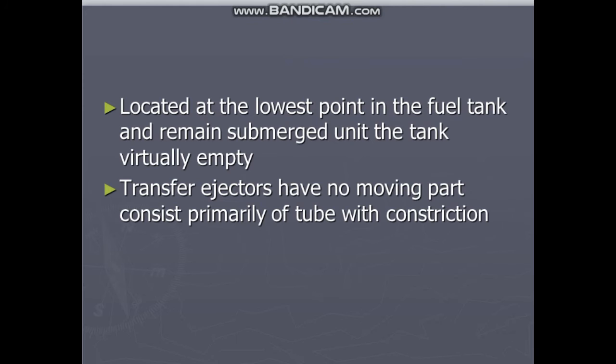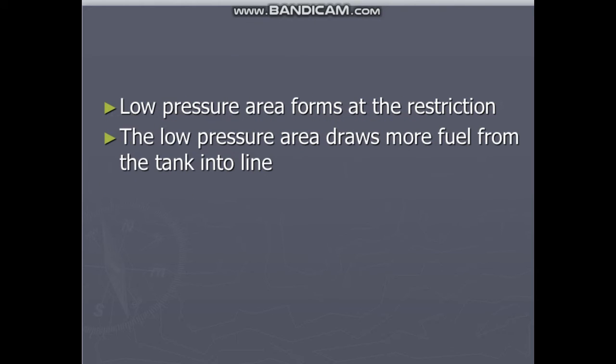The transfer ejectors are located at the lowest point in the fuel tank and remain submerged until the tank is virtually empty. Transfer ejectors have no moving parts and consist primarily of a tube with a constriction. A low pressure area forms at the restriction. The low pressure area draws more fuel from the tank into the line.